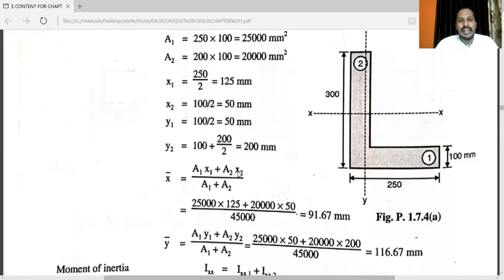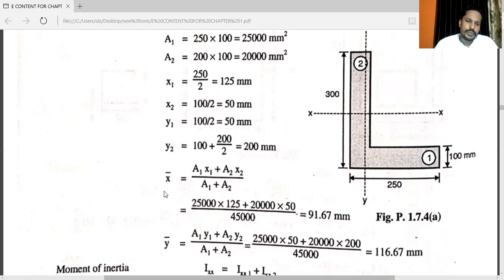We know x1 and x2 means the distance x1, which is from vertical axis, distance x2, that is also from vertical axis. The x1 is distance from first rectangle, x2 is the distance for second rectangle. While calculating x1 and x2, the proper care is very important. While selecting area 1 and area 2, already I explained how to divide a1 and a2.